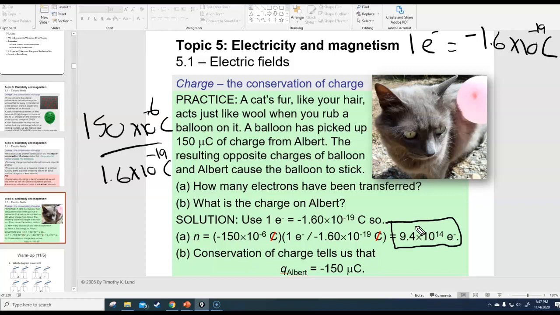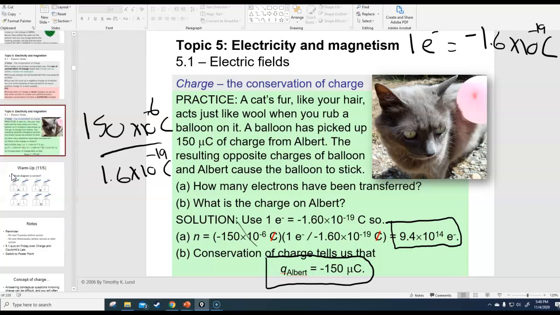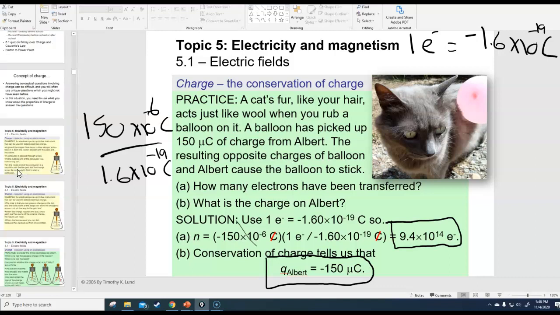Which means the charge of Albert now has to be negative 150 microcoulomb. That's what you see at the bottom. Remember the symbol for charge is Q, so Q Albert, the charge on Albert the cat, is negative 150 microcoulomb. Pause it there if you need to add that to your notes.